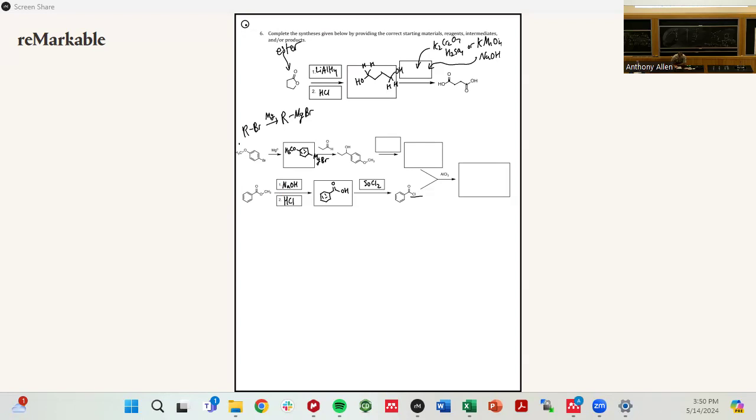And then what the heck was I asking? Well, this is a Friedel-Crafts acylation. So I need some sort of... yeah, it's silly. This is impossible to answer because I don't give you what you need here, and there could be an infinite amount of possibilities.